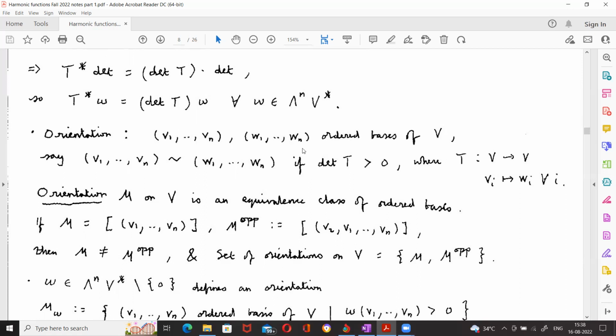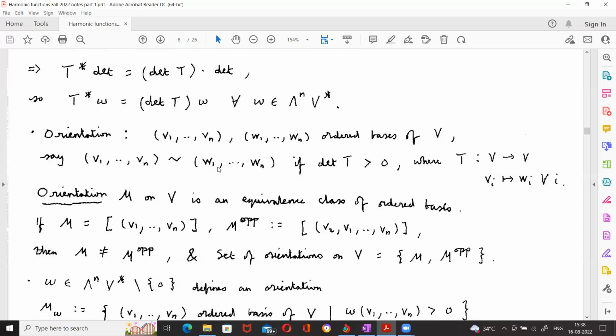Basically, this is saying that equivalence means that V1 to Vn and W1 to Wn are in the same GL plus orbit, right? So therefore, they're in the same connected component, right?